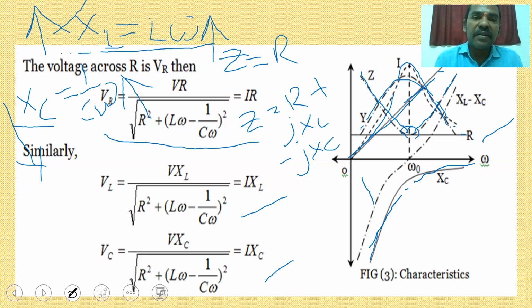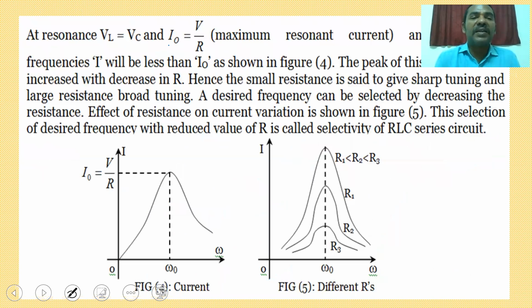Under resonance, the voltage drop across the inductor must be equal to the voltage drop across the capacitor, and the resonating current must be equal to V by R. If you plot omega versus current, the I0 value is maximum at V by R. At omega equal to 0, the current is 0, it reaches the maximum at resonance, and after the resonance it falls down again.